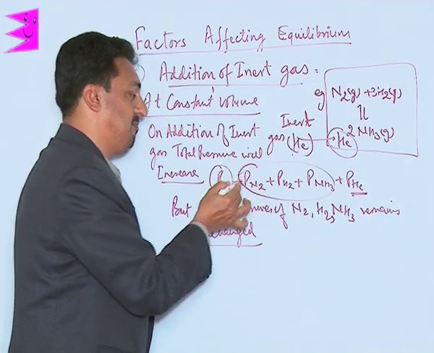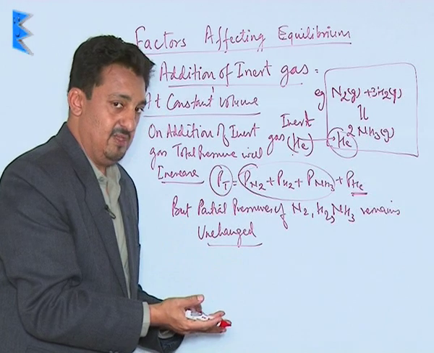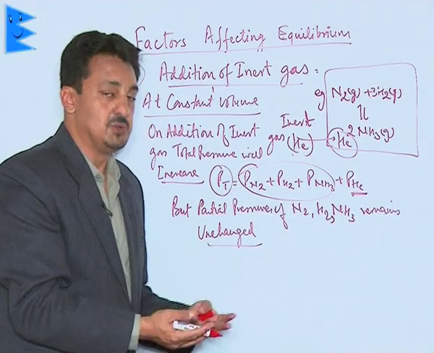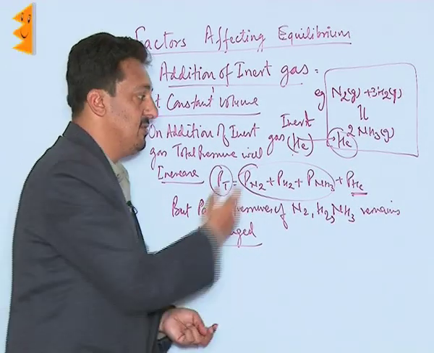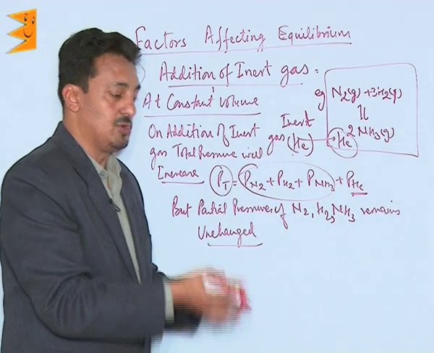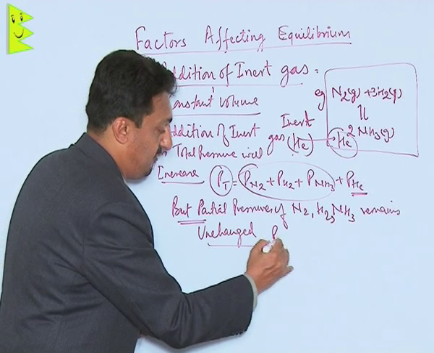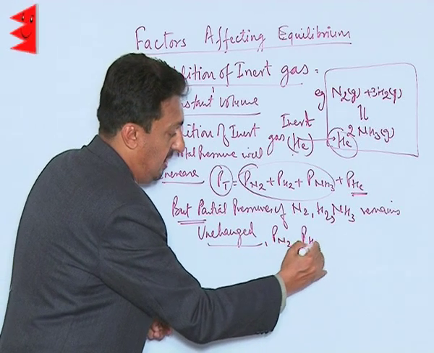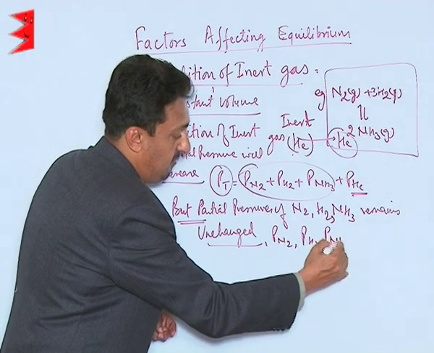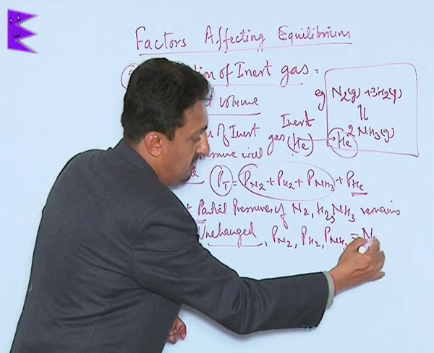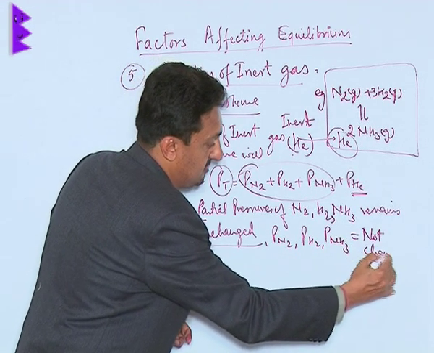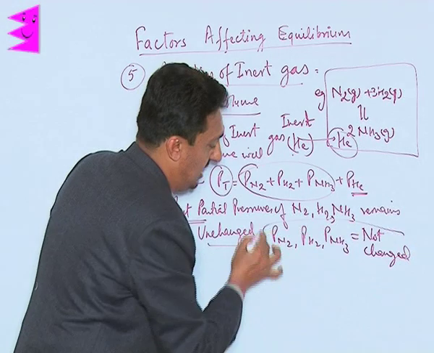These three partial pressures don't get changed. They don't have any change in their values. Because you have introduced a gas keeping the volume constant, total pressure is increasing, but the partial pressures of nitrogen, hydrogen and ammonia are not changed.